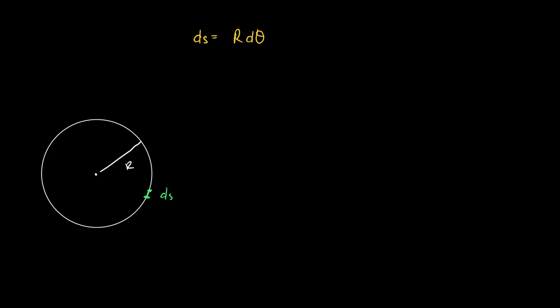All right, we've talked about this already, that this is a piece of the arc, and then this ds would be equal to r d theta. Does that make sense too? We've talked a little bit about that, right?